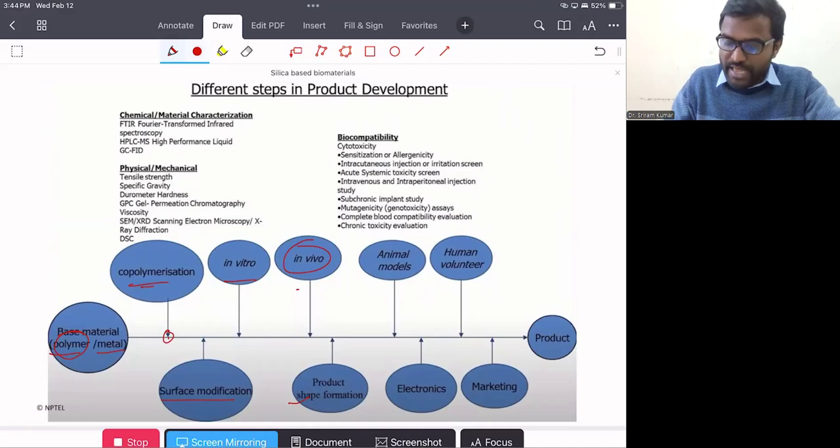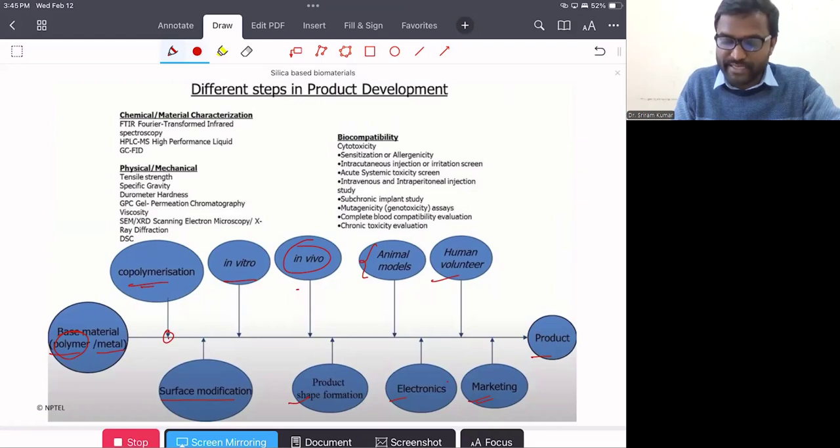Once we have that product, we should test it on an animal model, and then develop the electronics. Then we need to test on humans, and after that do the marketing and launch the product in the market. So these are the key steps in developing biomaterials.